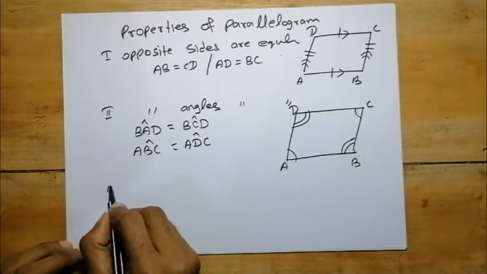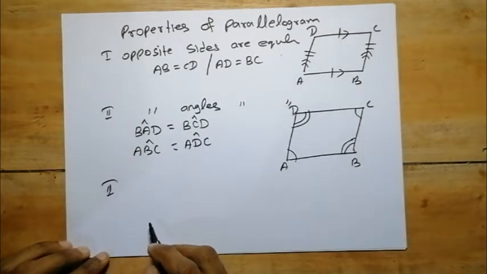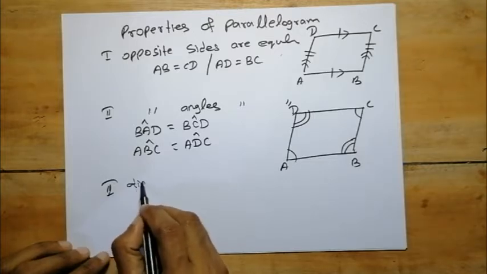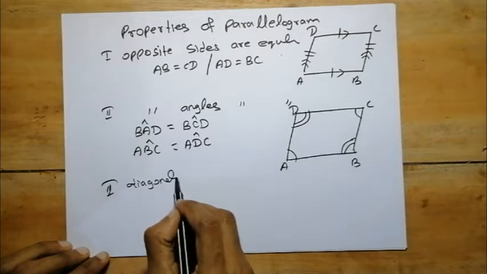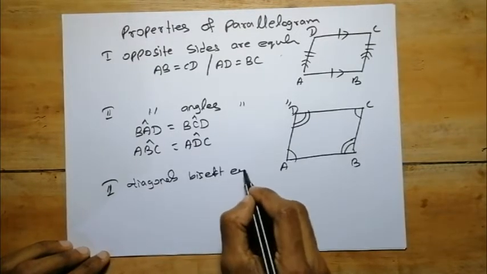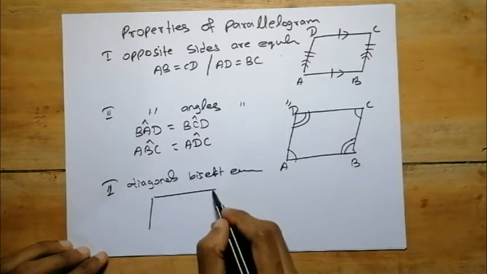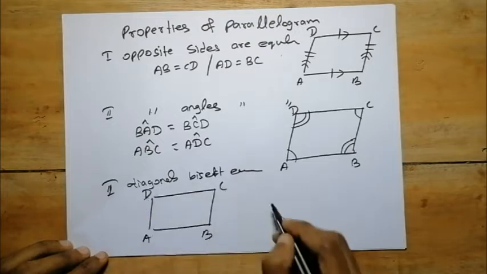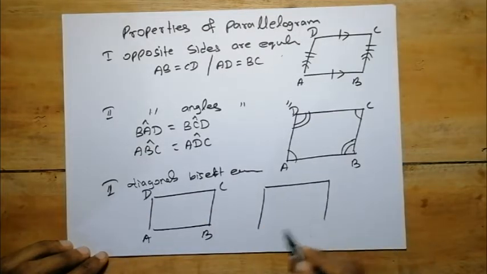Okay, third one, diagonals bisect each other. Diagonals bisect each other. So I draw two parallelograms here, same parallelograms.